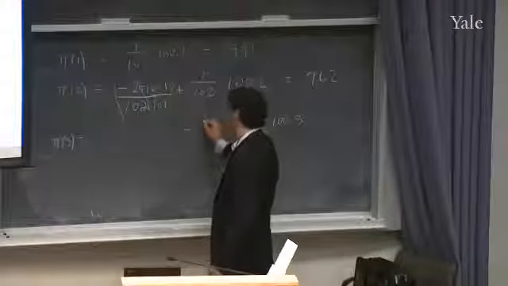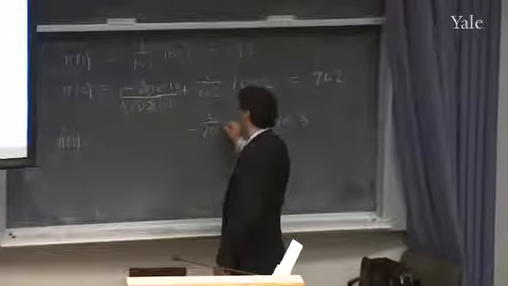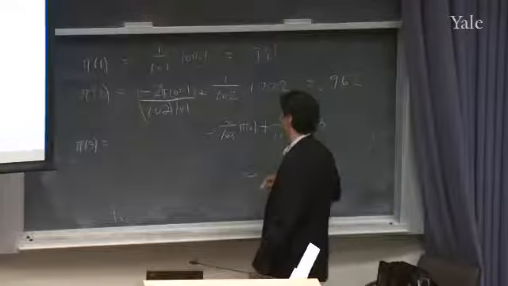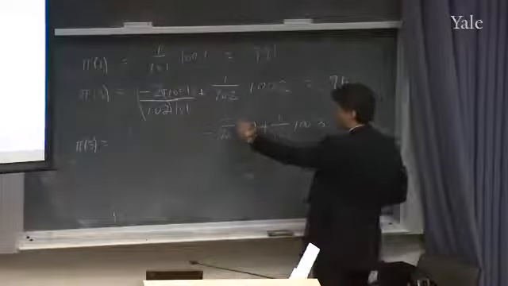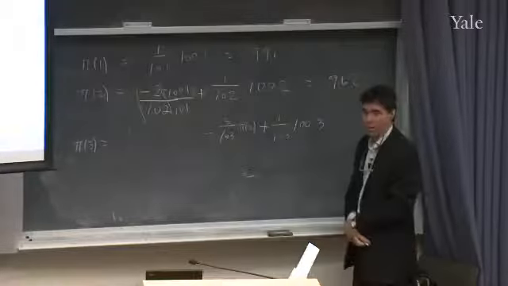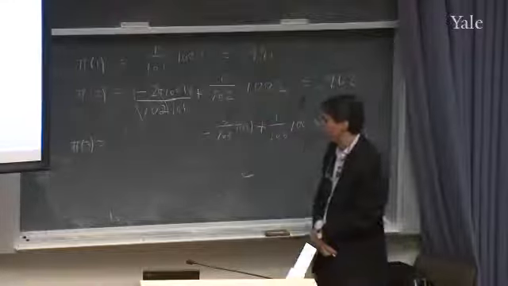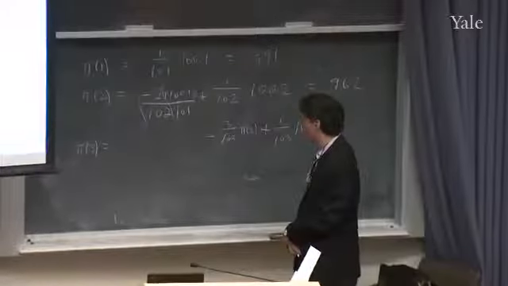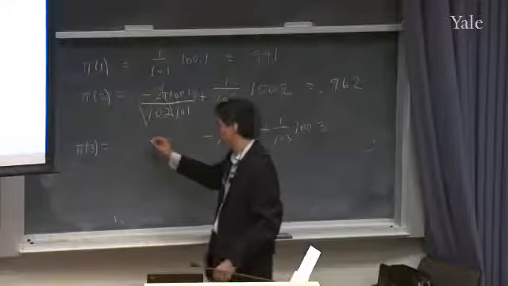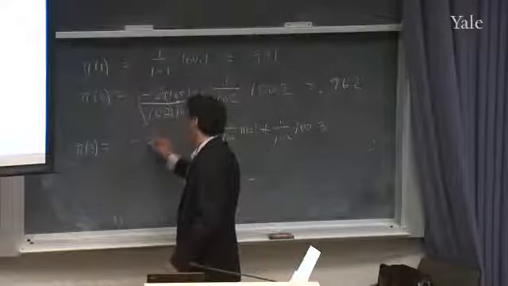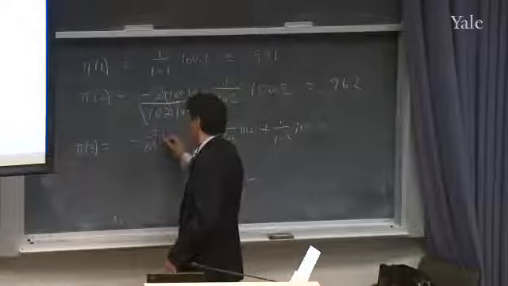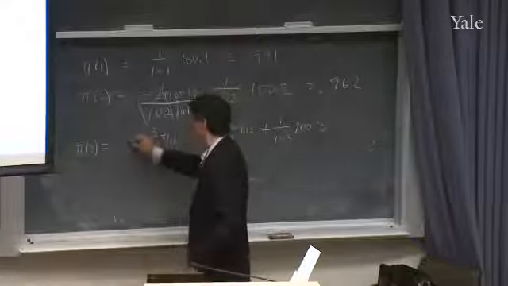Minus 3 over 103 times pi, little pi of 2, right? Because we got this extra stuff that we didn't need. Okay, so he's saying minus 3 over 103 of pi of 1, okay, because we didn't need that.